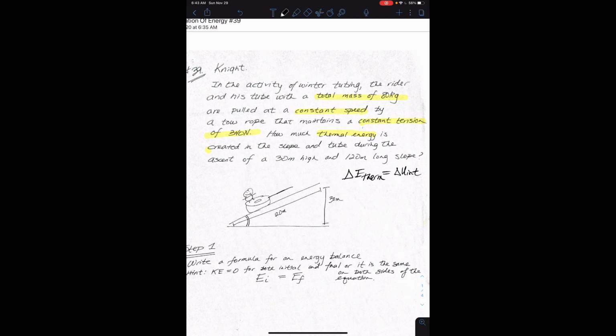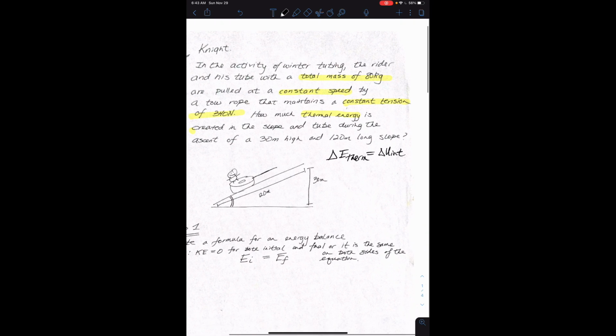Remember, U is our symbol for potential energy. Both of these are equal to the force friction kinetic times the distance. All right.